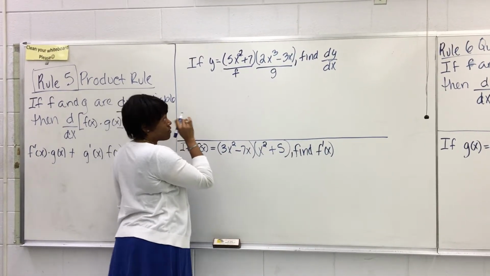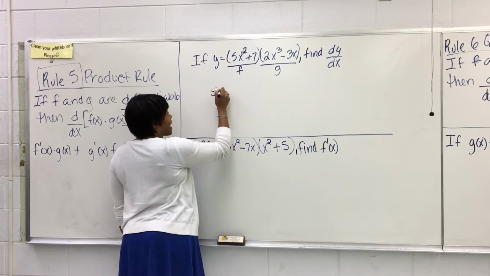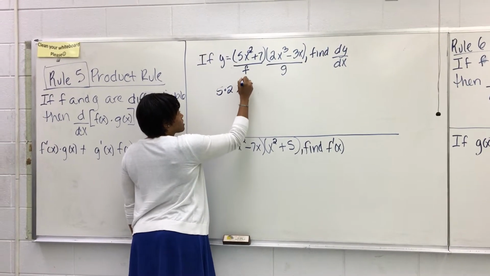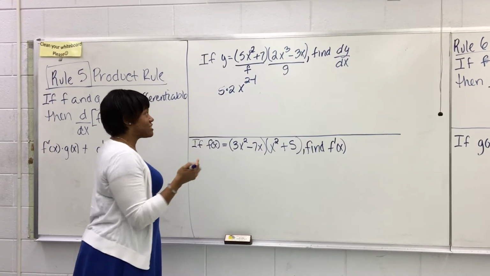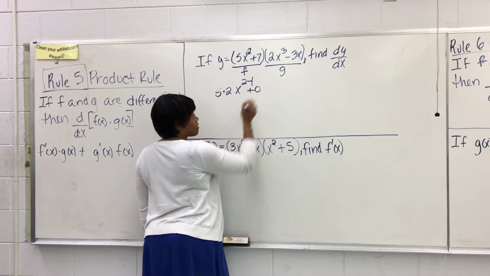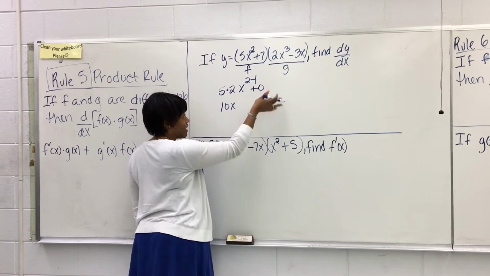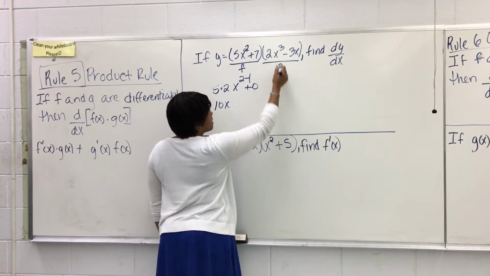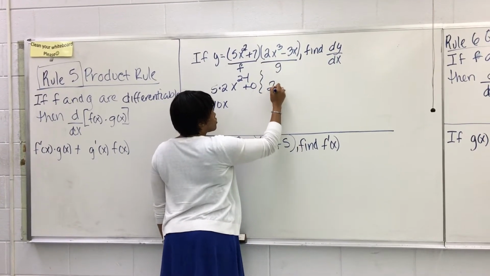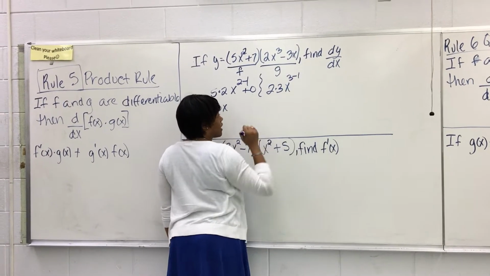So let's take the derivative of the quote-unquote f. So what do we do? We do 5 times 2 to x to the 2 minus 1 plus, what's the derivative of any constant? It is always going to be 0, right? So this will give me 10x, and nothing left. Then the derivative of my g would be what? Well, this would be 2 times 3, and this would be x to the 3 minus 1.